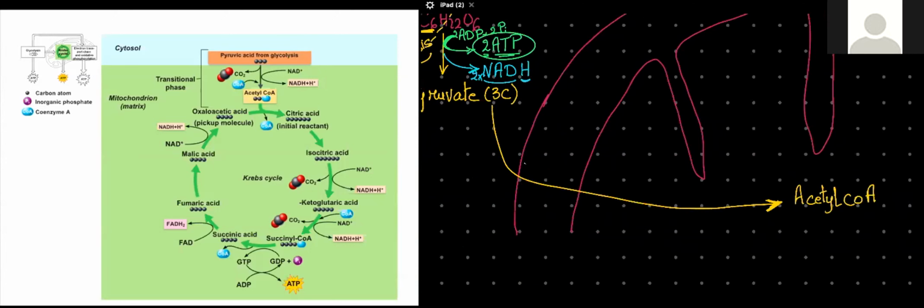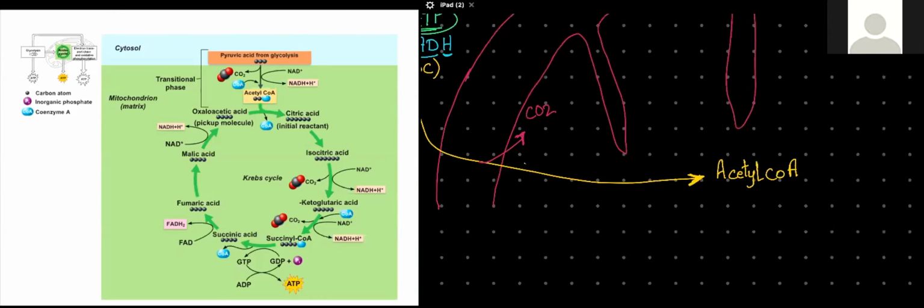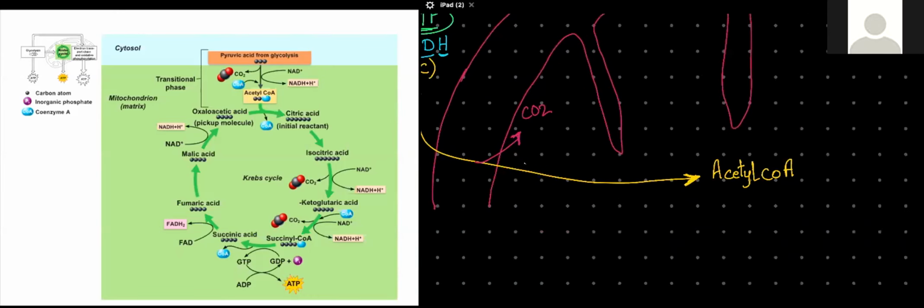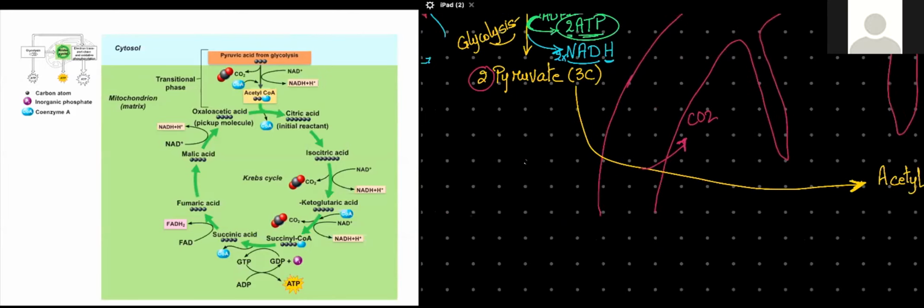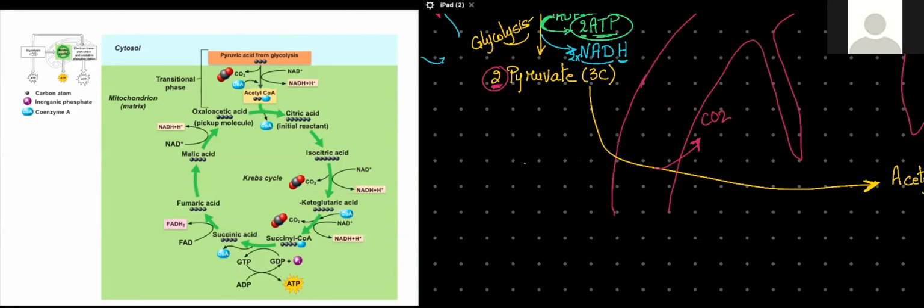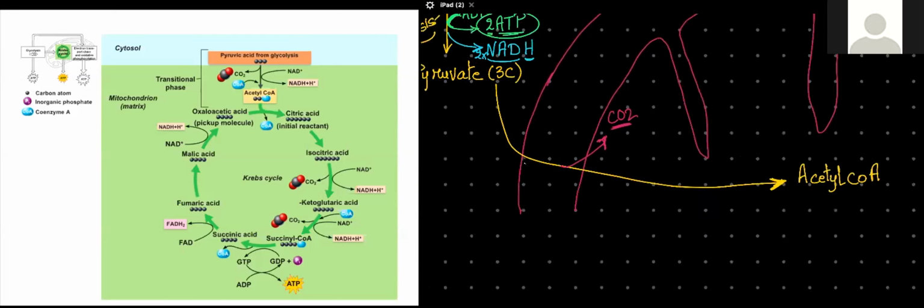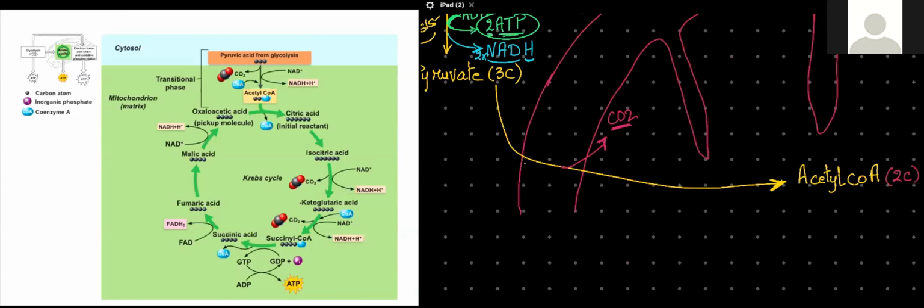During this reaction, what's going to happen? You're going to be losing one of the carbons, producing 1 carbon dioxide. So how many carbons are still going to be remaining in the acetyl-CoA, if each of the pyruvates is going to be losing a carbon dioxide? You're going to have only 2 carbons remaining in the acetyl-CoA.